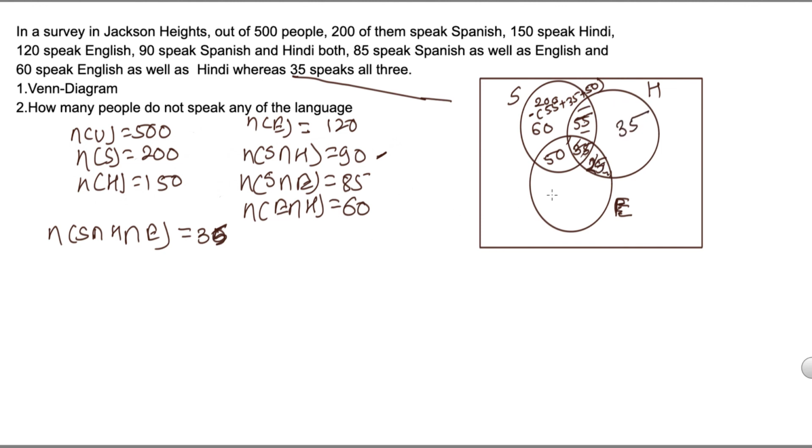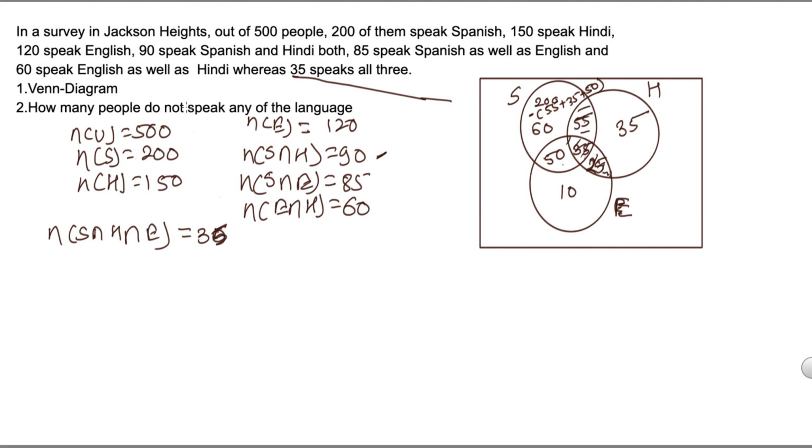Similarly, if we come to E, the English speaking population is 120, but this is 50, this is 35, this is 25, so this must be 120 minus 50 minus 35 minus 25, which is 10. So in this way we can fill up our Venn diagram.